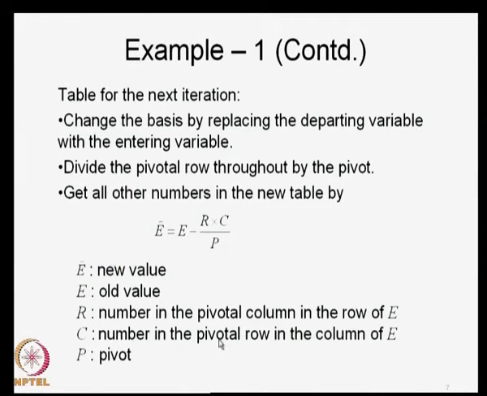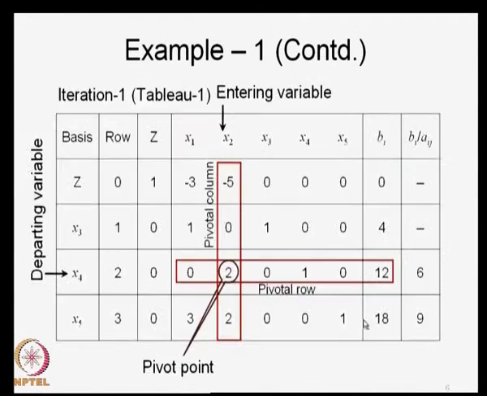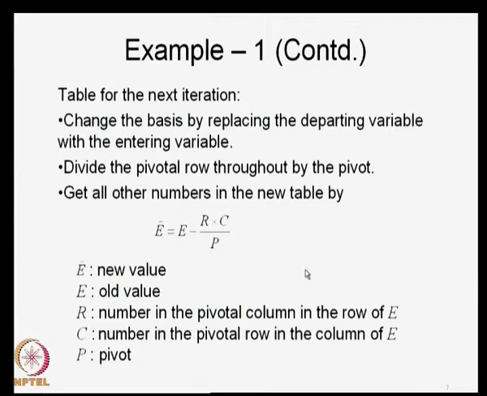Similarly, there is the number in the pivotal row in the column of E, which we denote as C. The new number is the old number minus R into C divided by P, where P is the pivot itself.